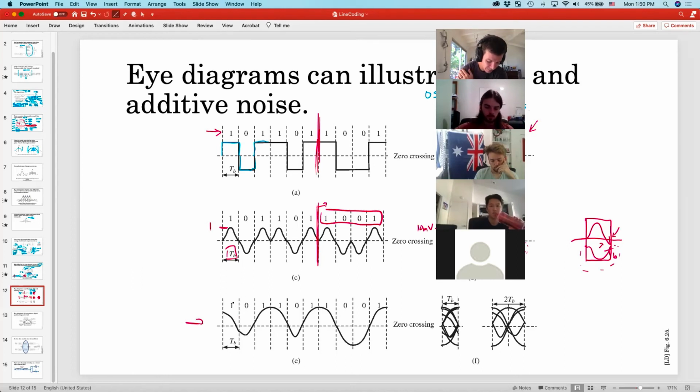So this is, say, a corrupted, say, received signal. All right, 1s were high, vaguely. 0s were low, vaguely. This guy looks pretty good. But this one's pretty poor.